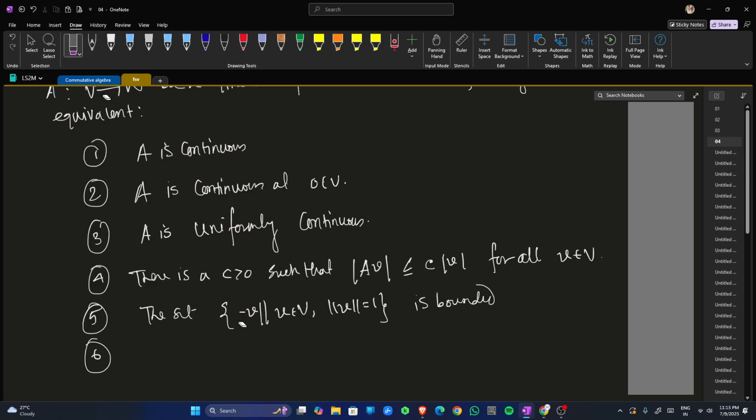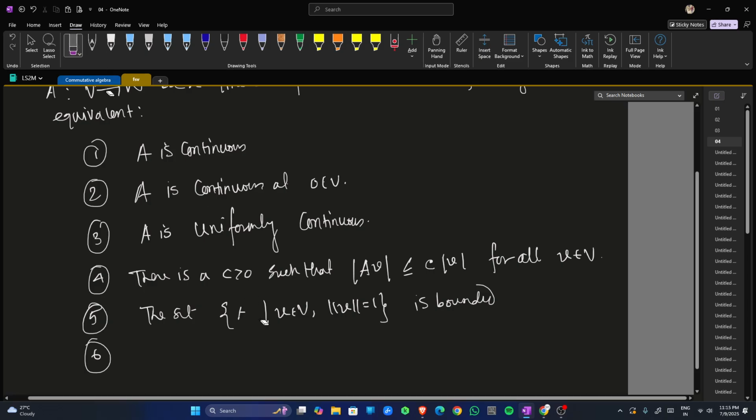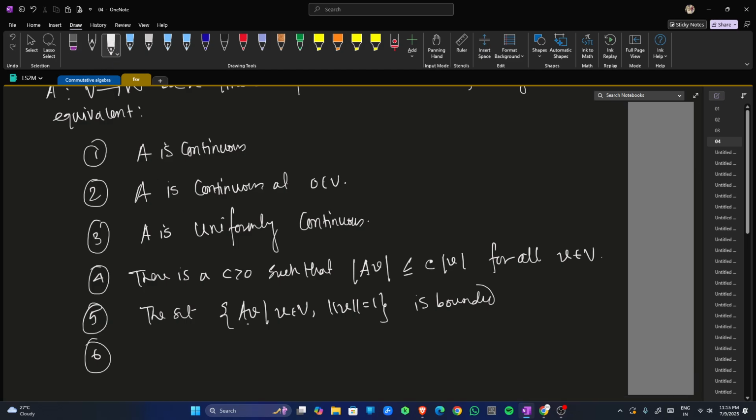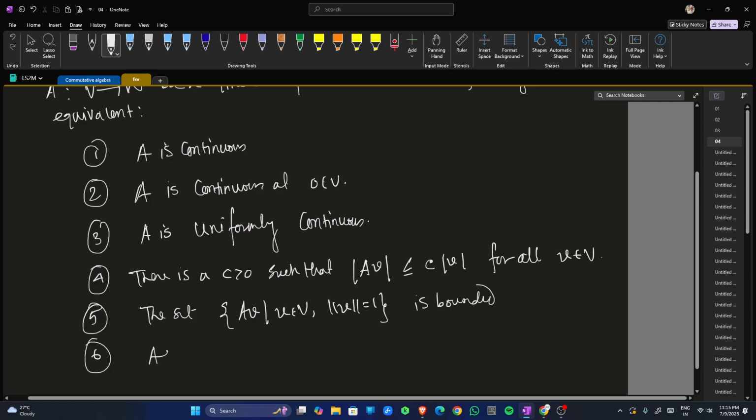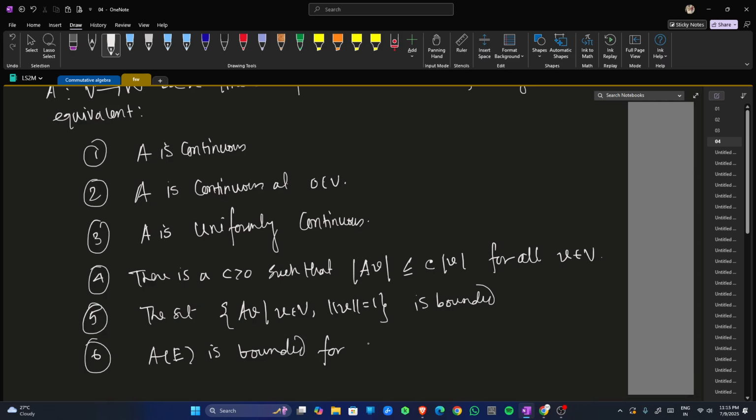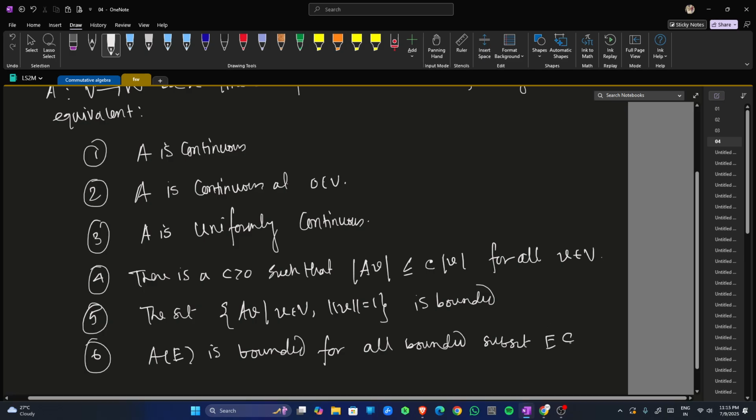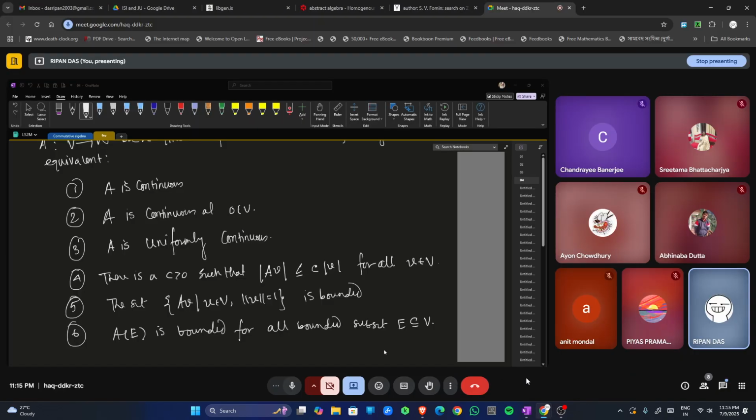Yes, you can put it, you can remove it, no problem. Six, A maps bounded sets to bounded sets, that is, A(E) is bounded for all bounded subsets E of V. Okay, so we need to show that these six statements are all equivalent.